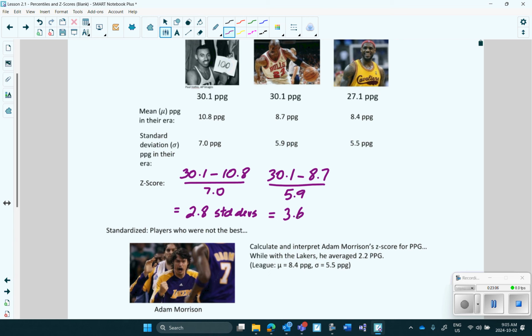And finally, LeBron, 27.1, minus the mean in that era of 8.4, divided by the standard deviation, gives us 3.4.